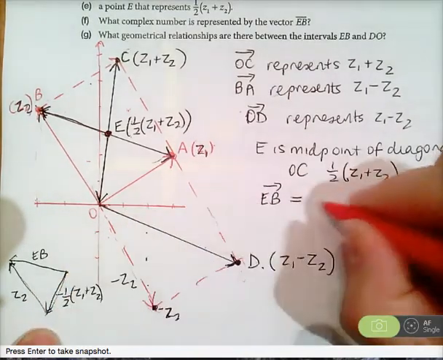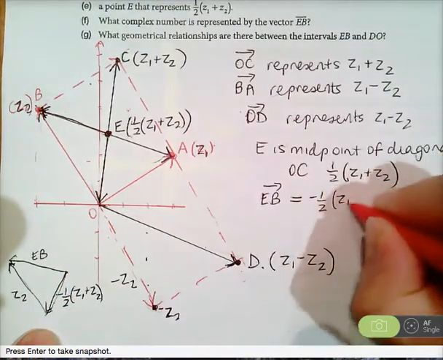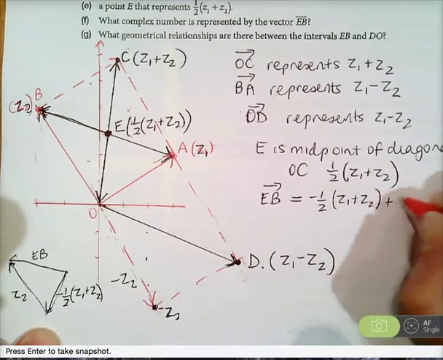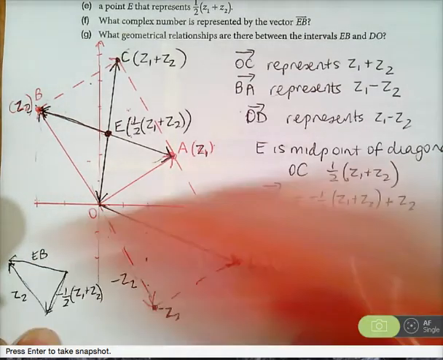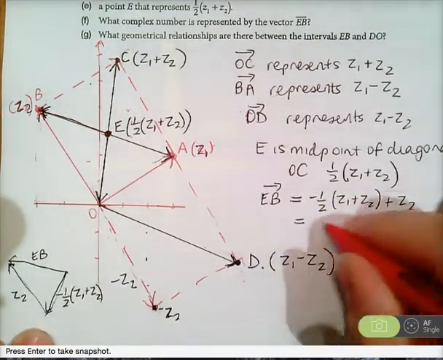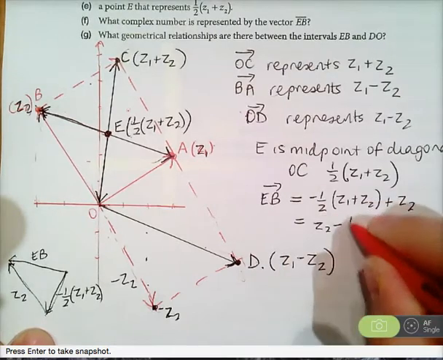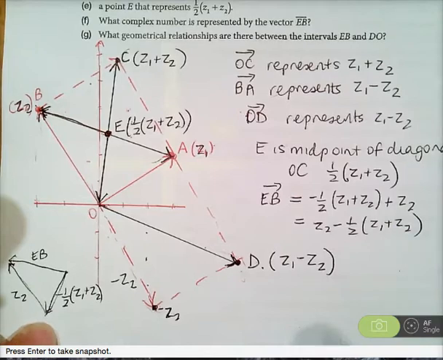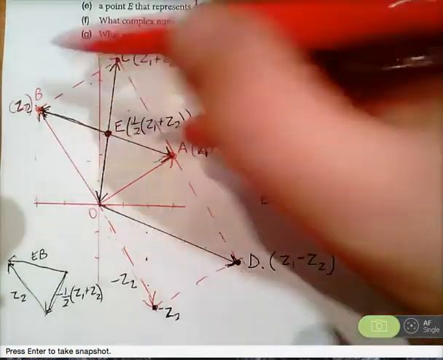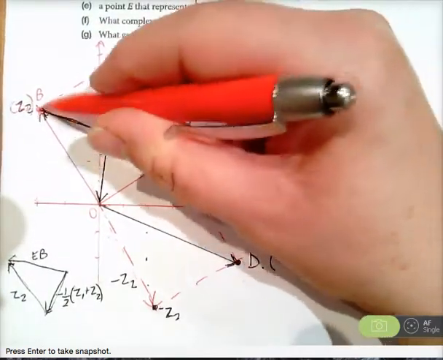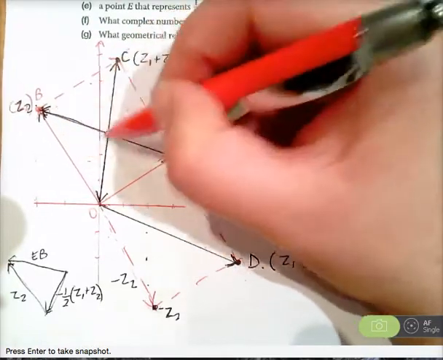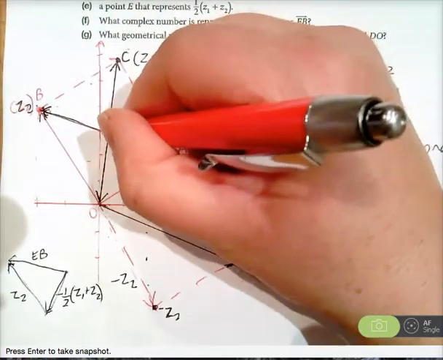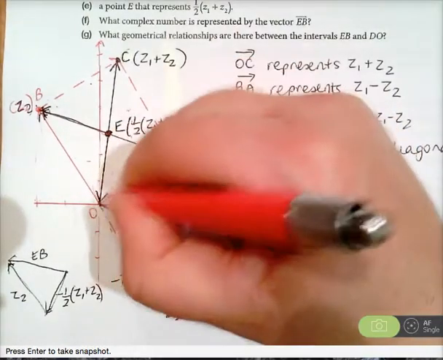Or you could just say that that is Z2 minus a half of Z1 plus Z2, okay? Otherwise you've got to try and form a parallelogram where this is the diagonal of the parallelogram. I think it's easier to do that tail to tip method. So this is the first vector, then the second one, and that's the addition of the two, okay?